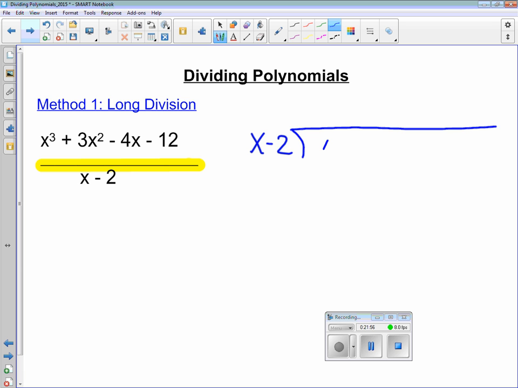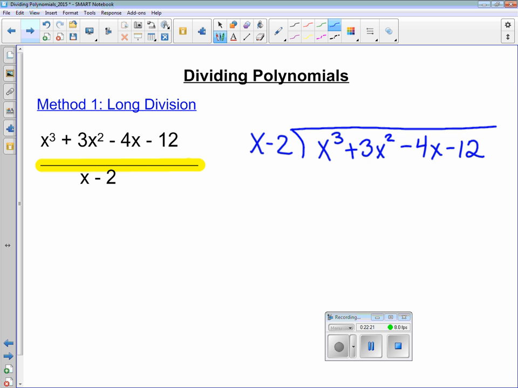And then we're going to put what we're dividing into underneath. Here's an important thing. When you're doing this with algebra, the powers have to go down by 1.